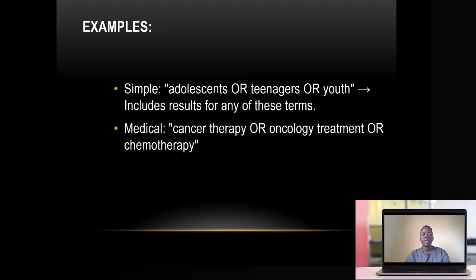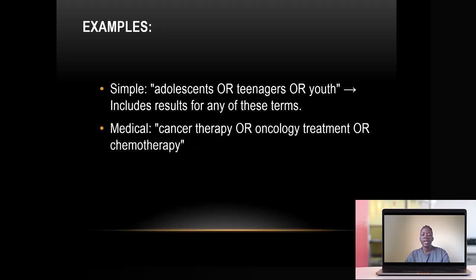You have something simple here: adolescents or teenagers or youth. We know that most adolescents are teenagers, and they also belong to the category of the youth. So if you are searching on adolescents or teenagers or youth, these concepts are all related.